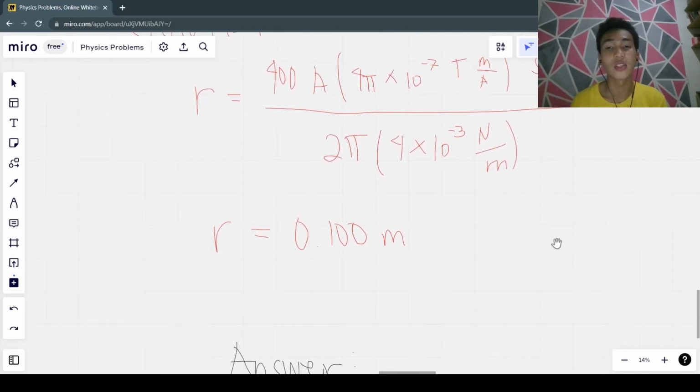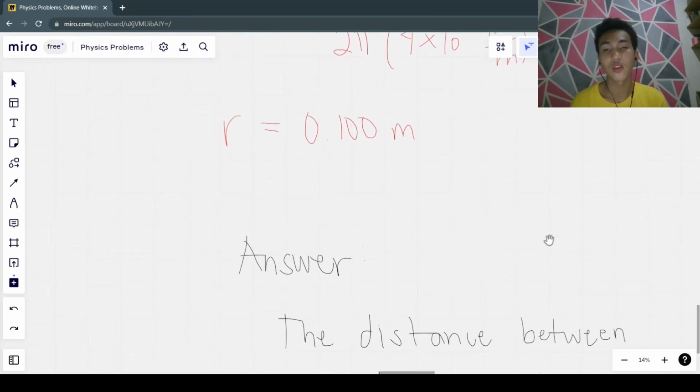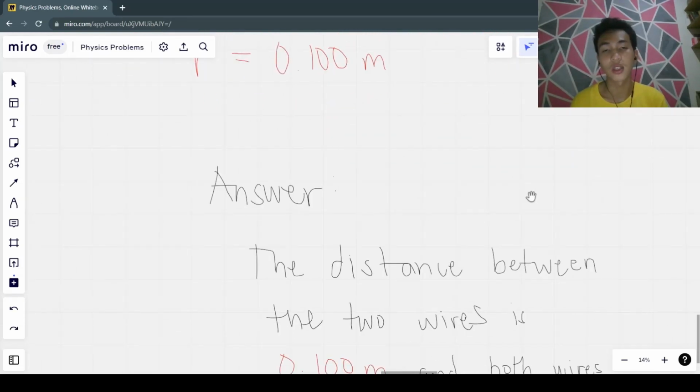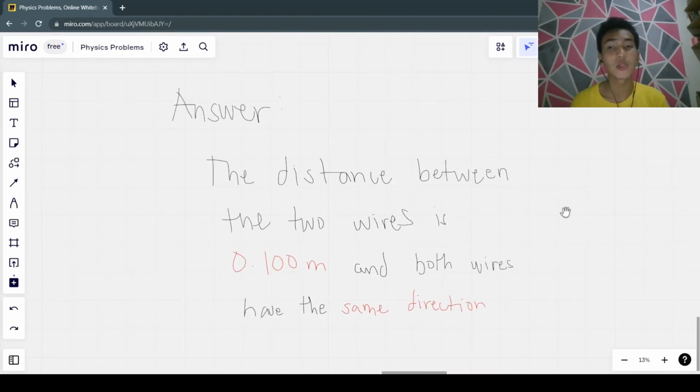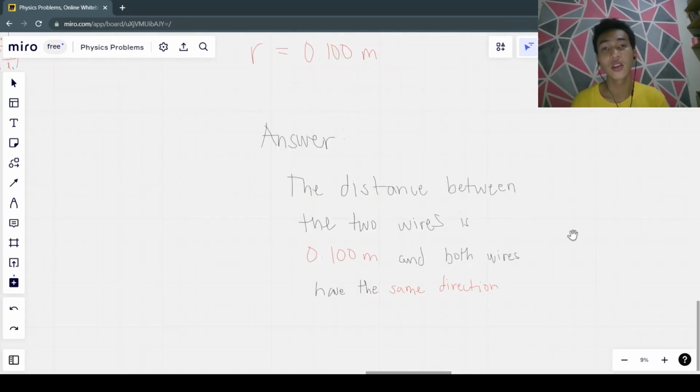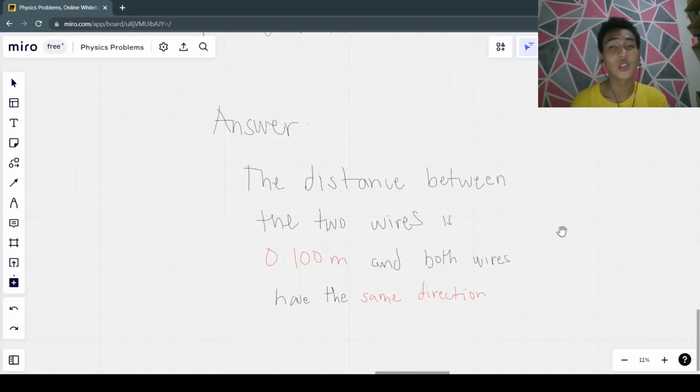So the r or the distance is equal to 0.100 meters or 0.1 meter. So answer for this problem is the distance between the two wires is 0.100 meters and both wires have the same direction based sa ginawa nating visualization and analysis.